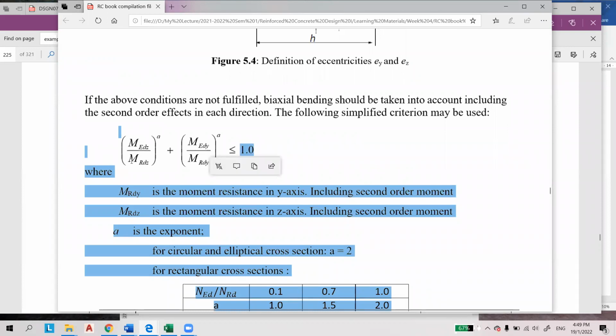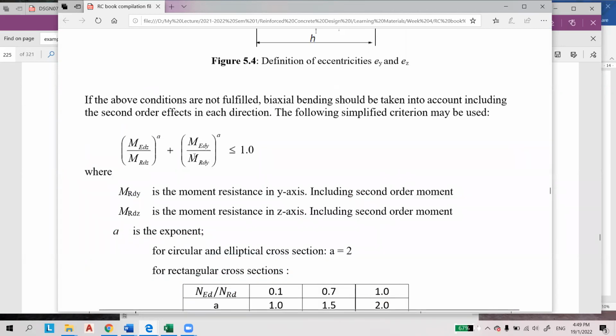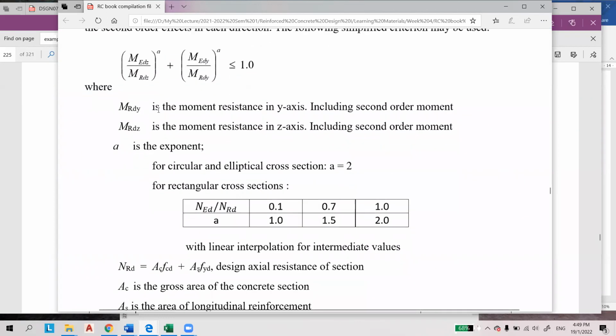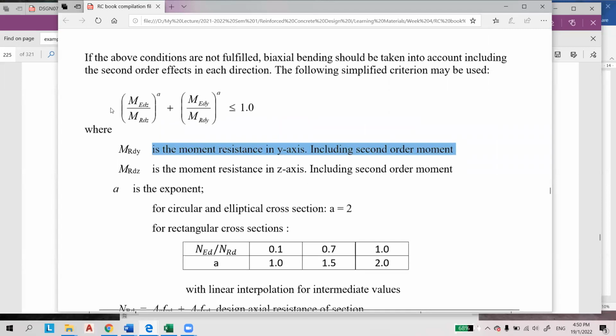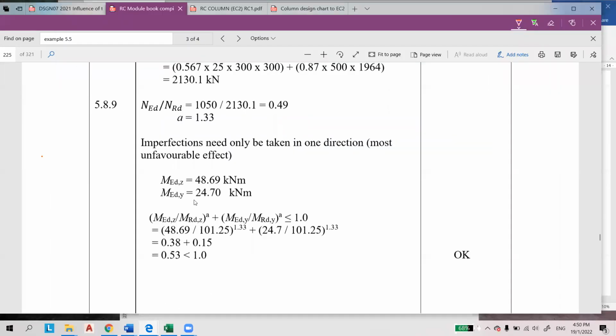MEdz over MRdz to the power of a, plus MEdy divided by MRdy to the power of a, must be less than or equal to 1.0. MRd is the moment resistance, including the second order moment.